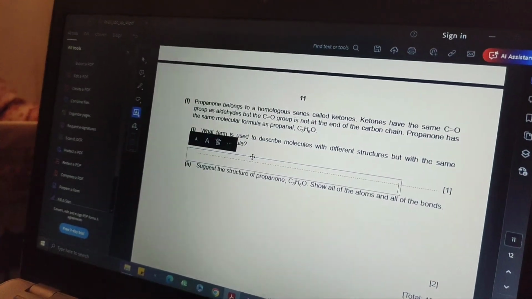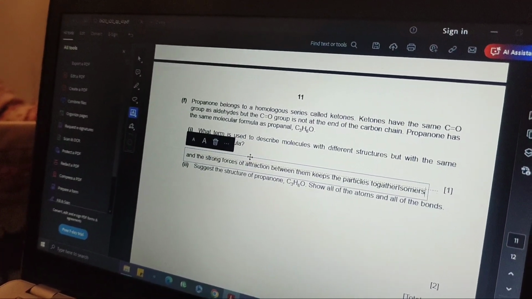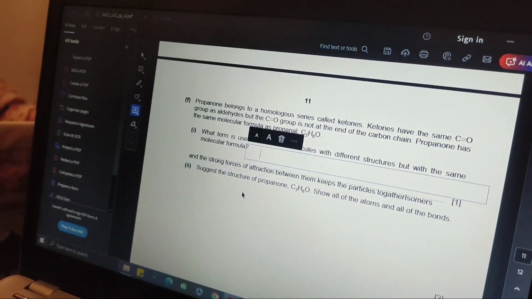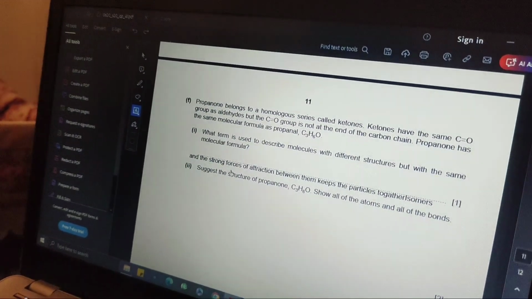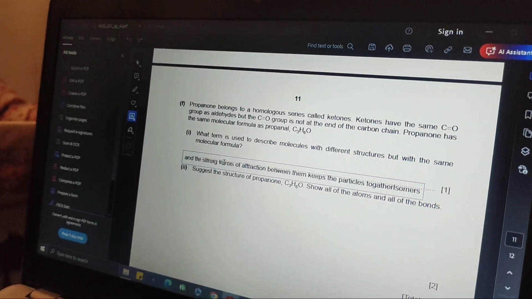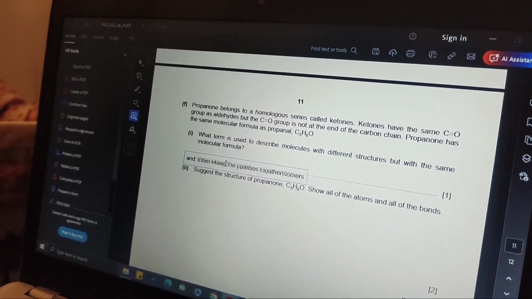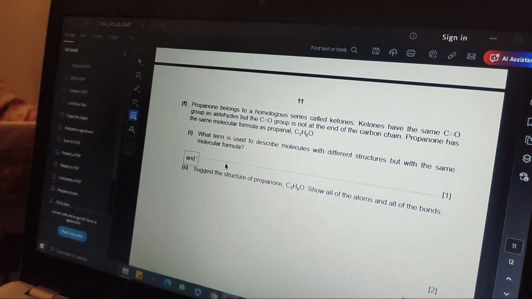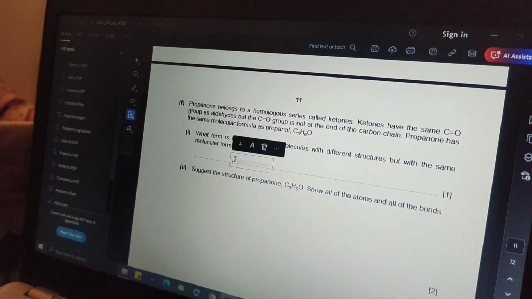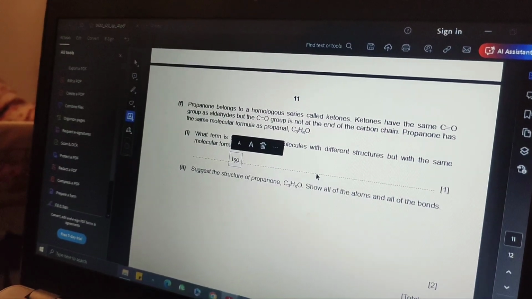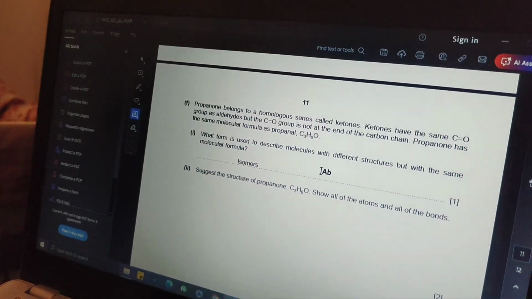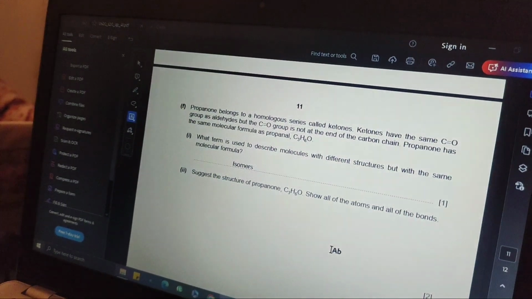The term isomers means the compounds or species having the same molecular formula.